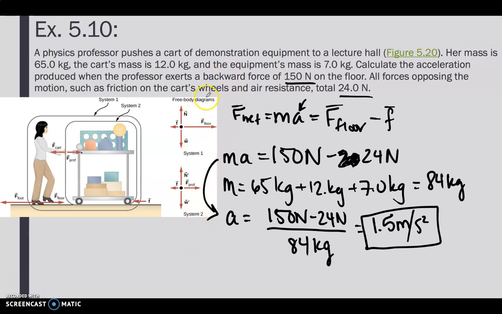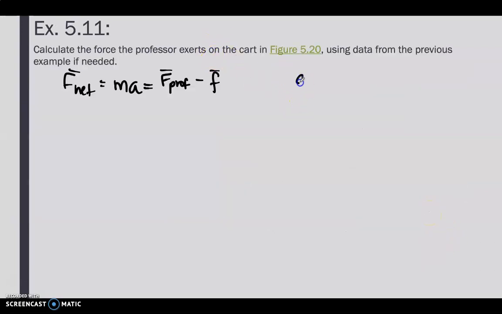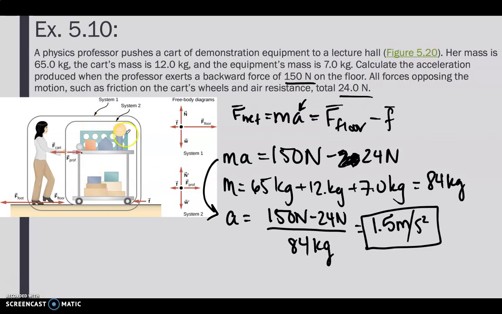And our acceleration will stay the same. Okay, so we have 1.5 meters per second squared is our acceleration. Okay, so let's note that. Our mass is going to be different because we are now just looking at the cart's mass.